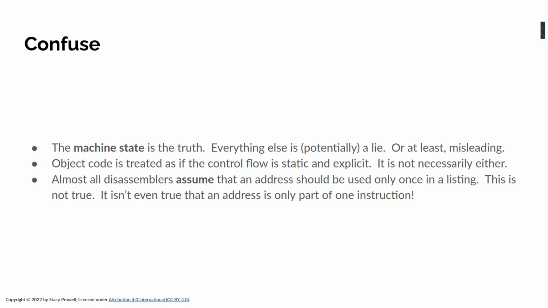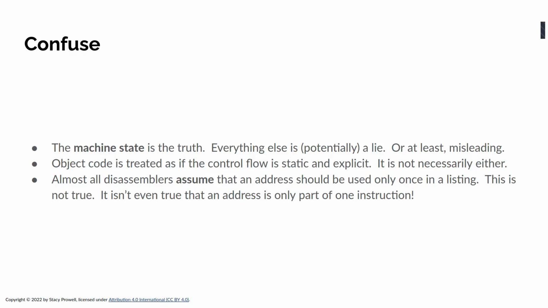The computer just grabs instructions and executes them. And the state of the machine at any given time, that's the truth. And everything else, the state that the machine reports to you, might be misleading or just wrong. What the disassembler tells you, what the compilers tell you, any of that stuff could just be a lie. The machine state is the truth. You've got to get as close to the machine state as you can if you want to know what's going on.